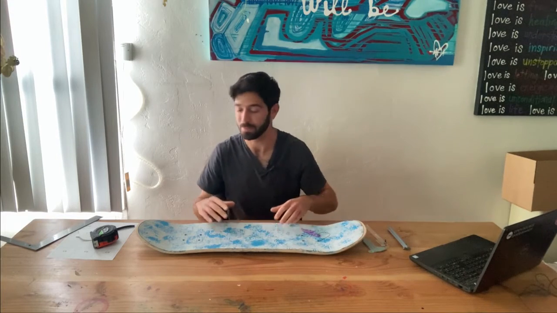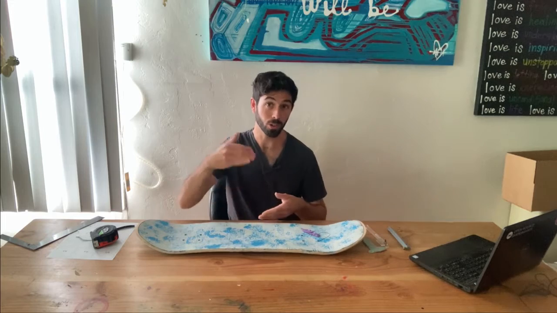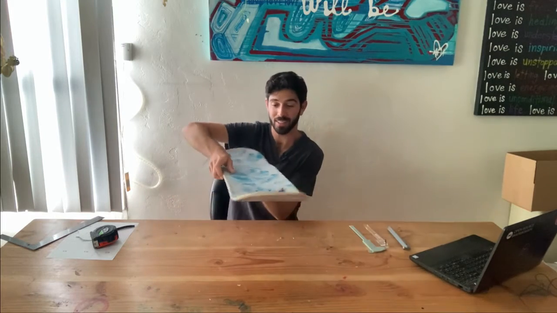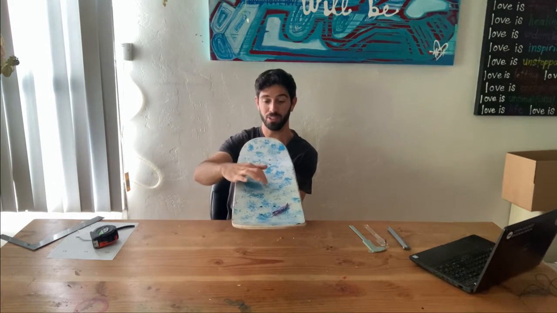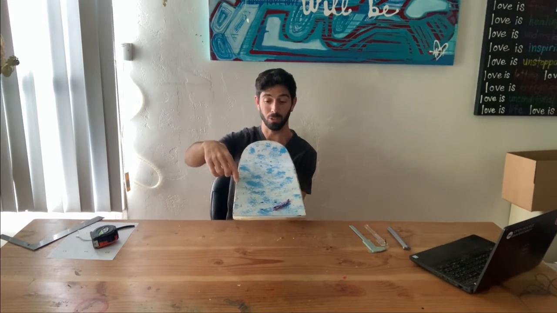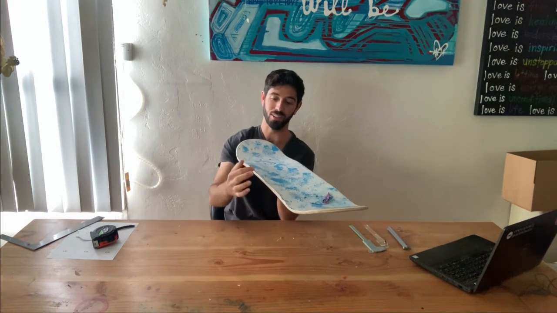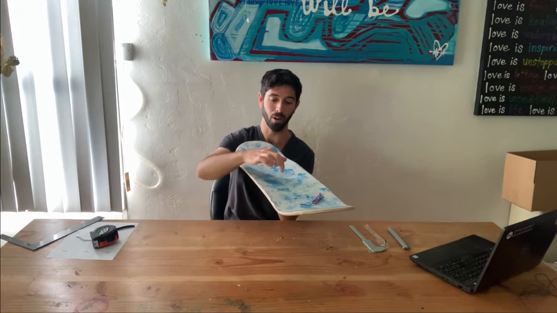concave drop. The concave drop is the vertical distance from the center of your concave to the rail of your board. So it's how high in this vertical direction this point is above this point.